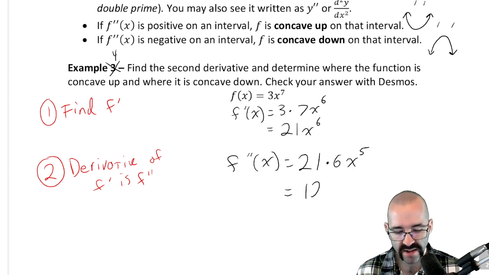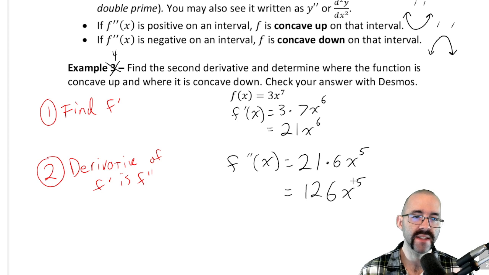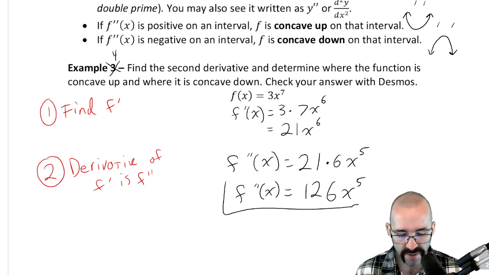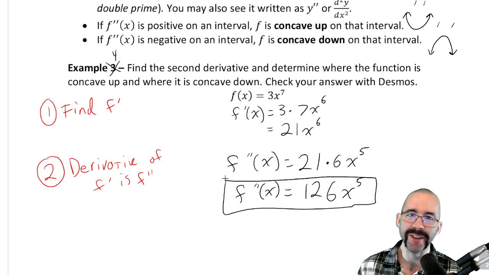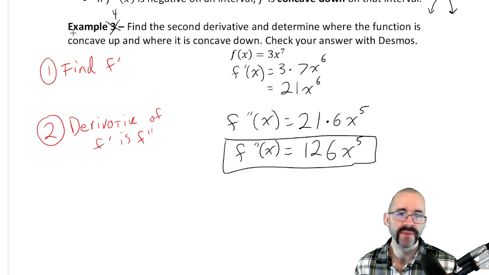You get 126 x to the 5th, I think. 120 plus 6, yep. There we go, that's our second derivative right there. So we have now taken our first second derivative of this class. Ha! Doesn't that sound funny? Ha ha ha.